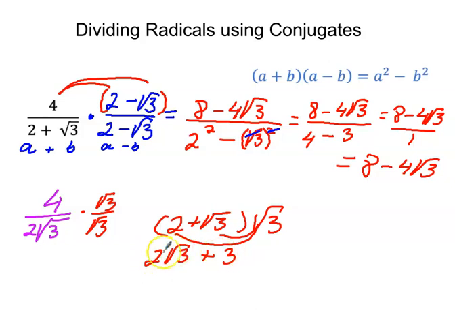So notice that it would not really solve the problem, and we would just create another irrational number, and that's what we don't want. So every time you have 2 plus square root of 3, you want to use the conjugate, where you change the second term to its opposite, so that you can use the formula a squared minus b squared.